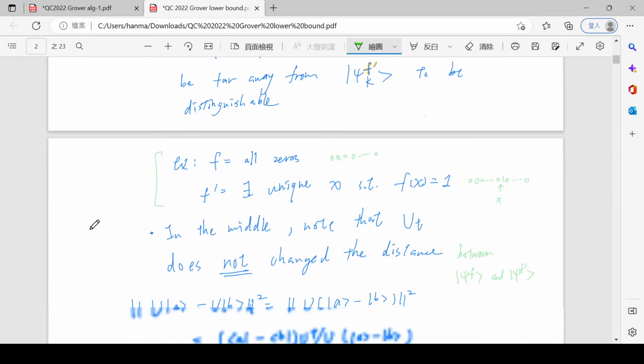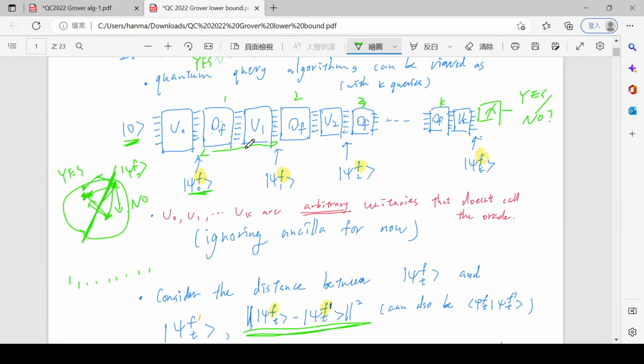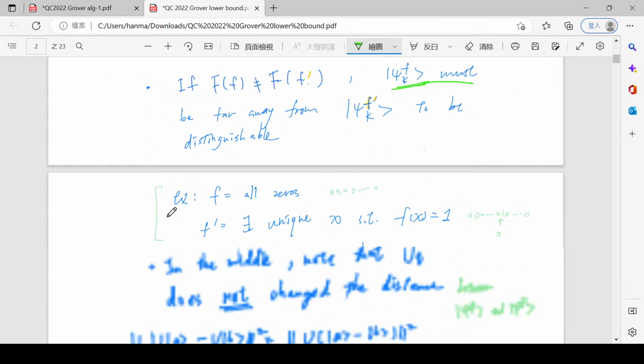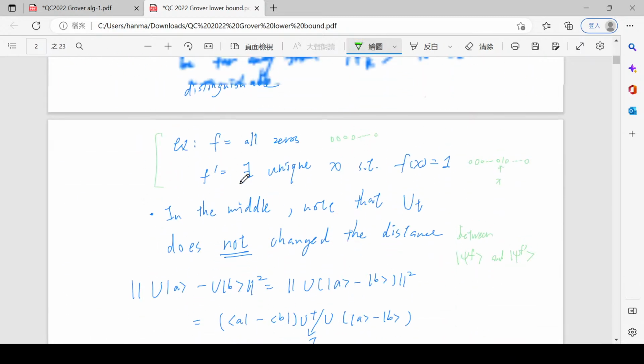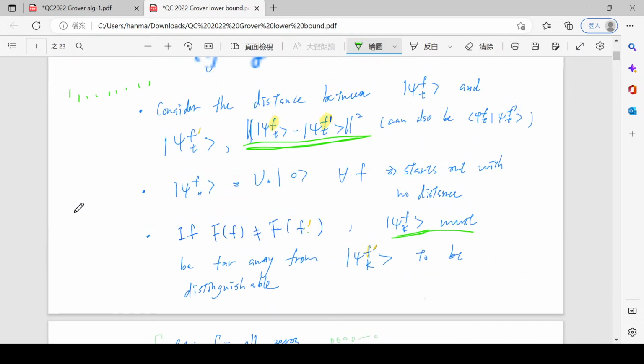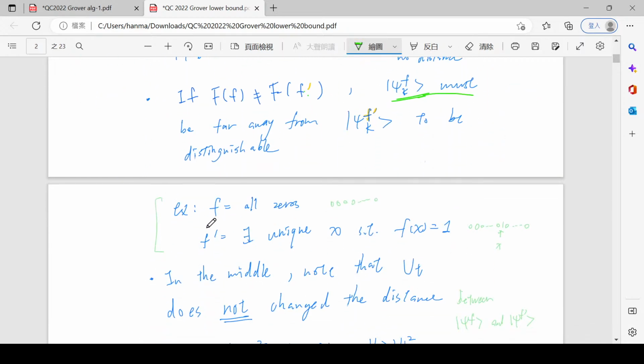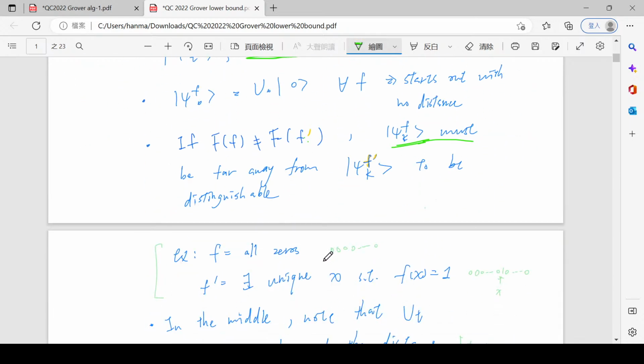And now we're mixing this with our search problem. So in a search problem, maybe this f is a no input, where there is only one no input for the search problem. That's the 0 bit string. And f prime can be really anything else, but we'll focus on those f prime that are pretty hard to distinguish from this f.